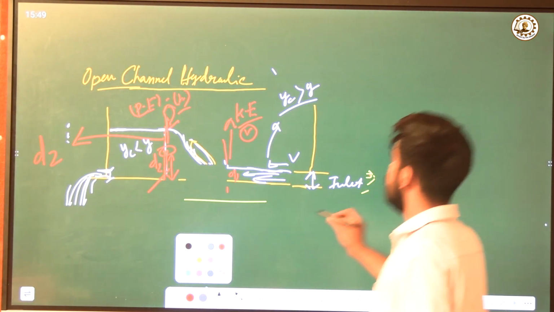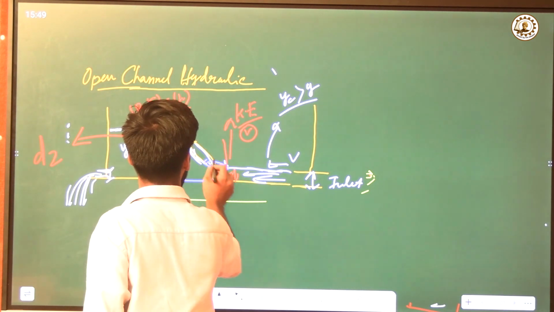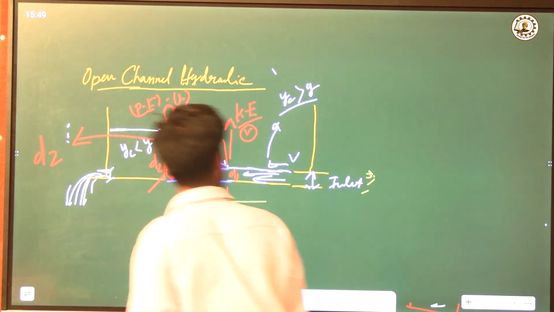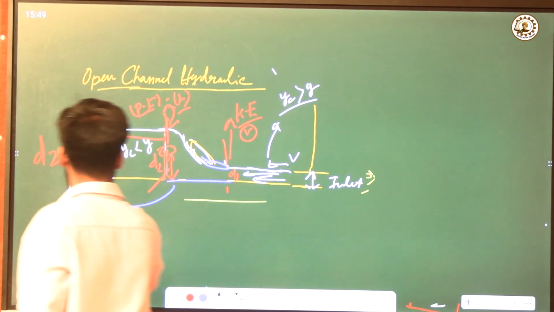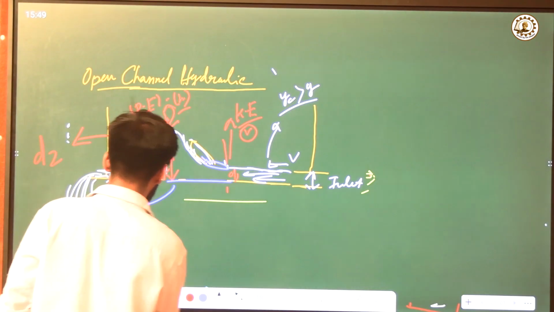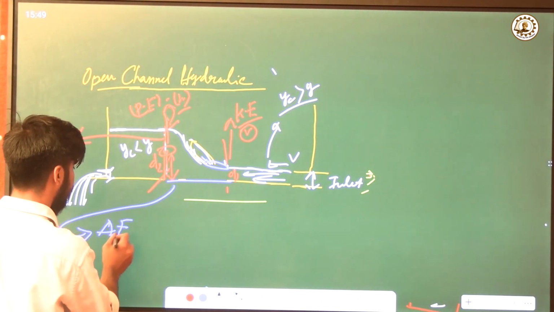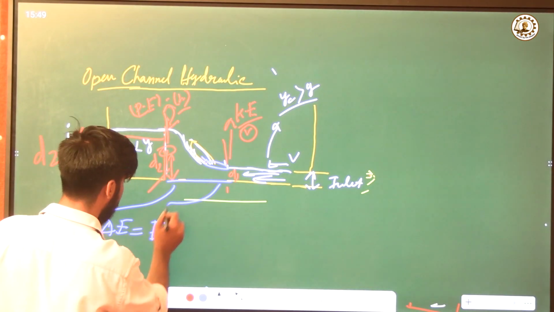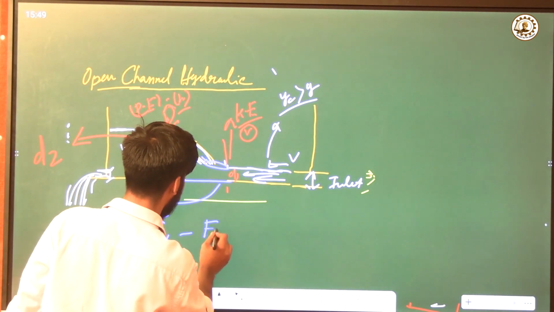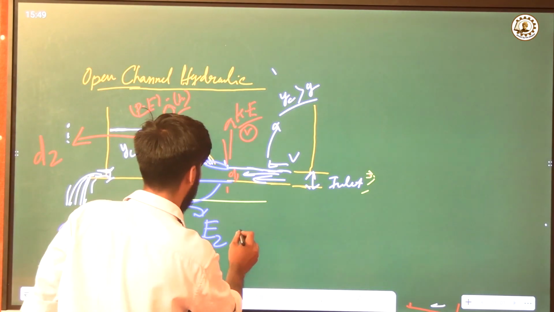Now if they ask what is the loss of energy due to the hydraulic jump, then we can write that delta E is equal to the energy of the first section minus the energy of the second section.